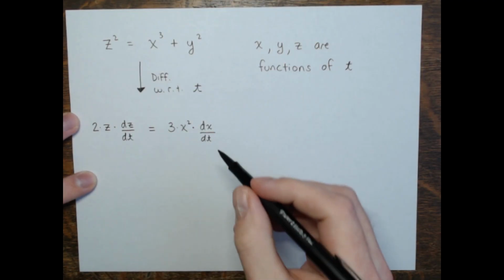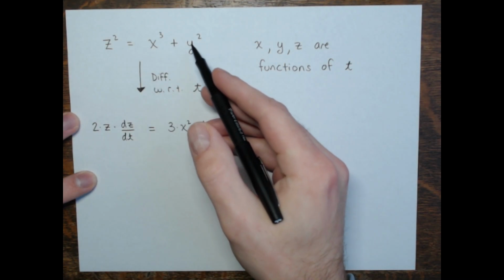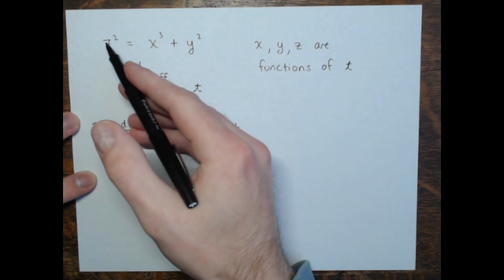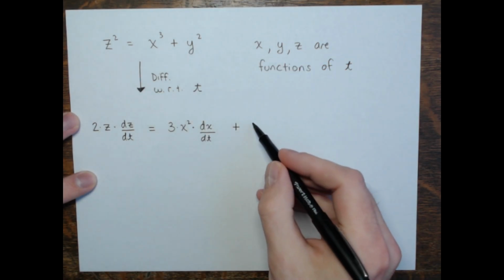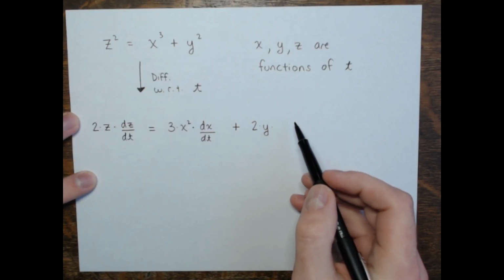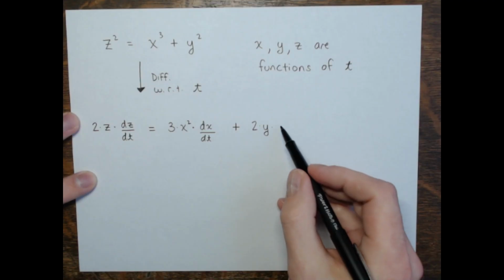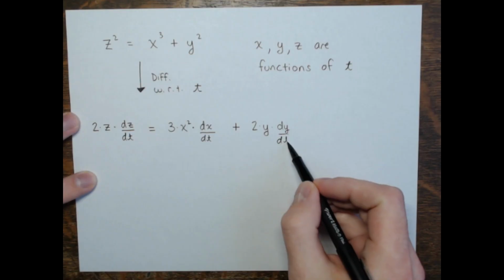That's fine. And then you do the same thing for the y squared, and it'll be pretty much like for the z squared earlier. You have 2 times y to the first, but then times the derivative of y with respect to this t variable, so times dy over dt.